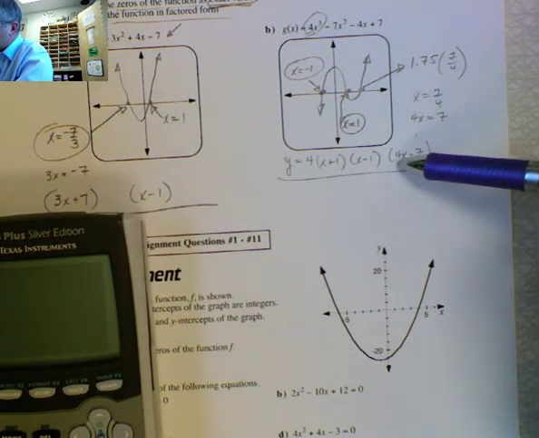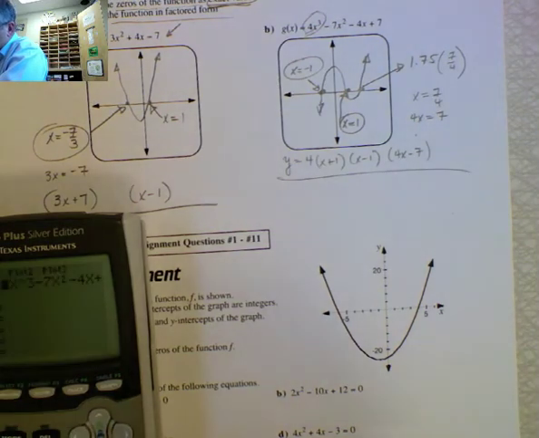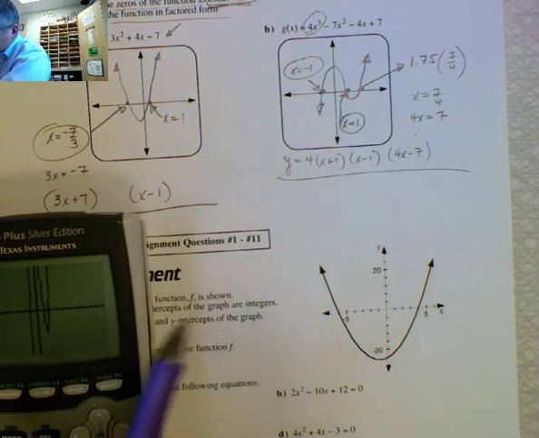And if you don't believe that this equation is correct, you can actually go in and graph this particular function on your calculator and see that, in fact, whoops, I missed the 4.